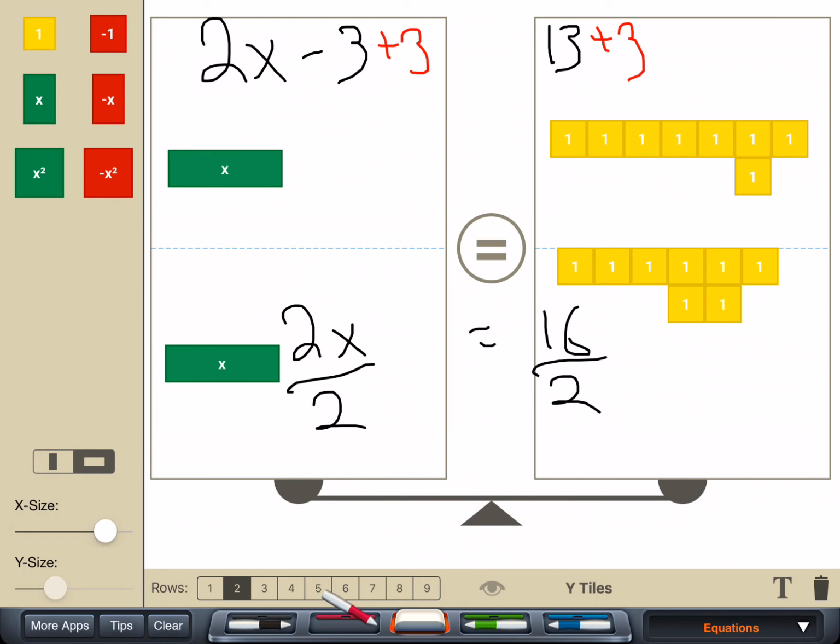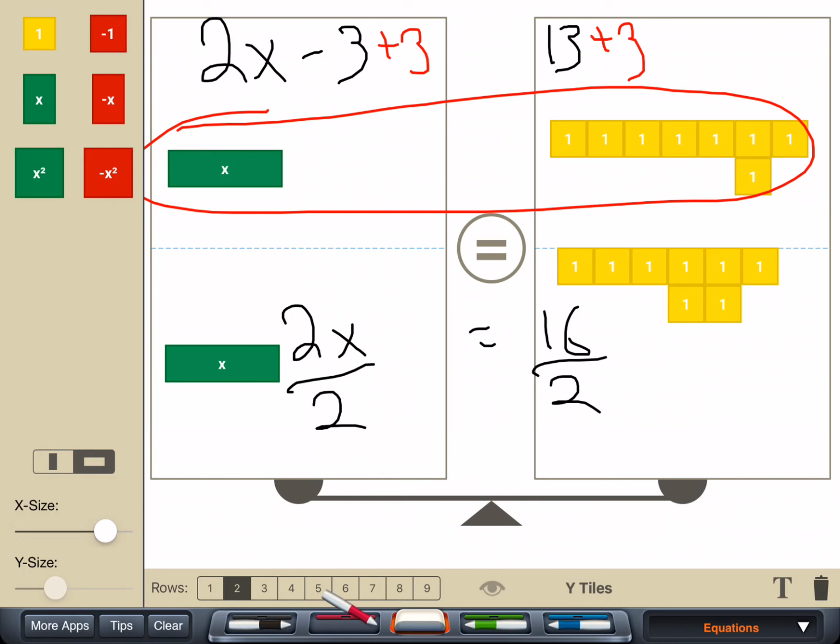And we see from the division by 2 that 2x divided into 2 groups gives me x. And x in the circle here, the red loop, is equal to 8. x is equal to 8. And if I put an 8 right in here where the x is, I've got 2 times 8 is 16 minus 3, that's 13, which is what we started with. So we're good.